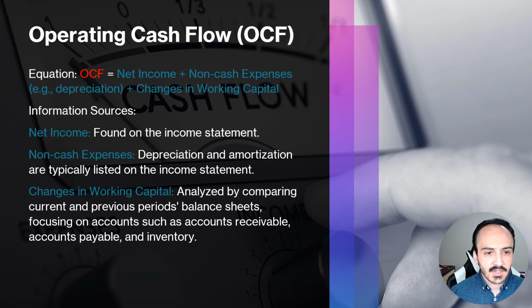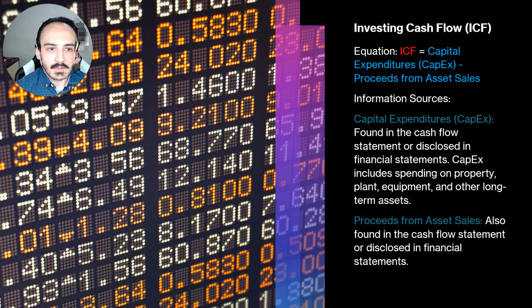Information sources: net income is found on the income statement, and non-cash expenses, depreciation and amortization, are typically listed on the income statement. Changes in working capital are analyzed by comparing current and previous periods' balance sheets, and focusing on accounts such as accounts receivable, accounts payable, and inventory.